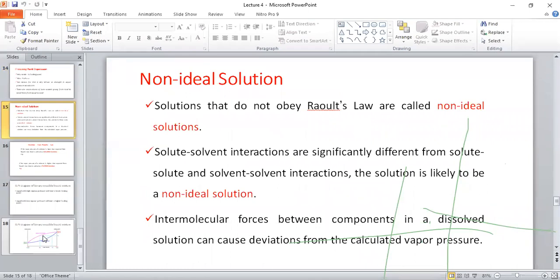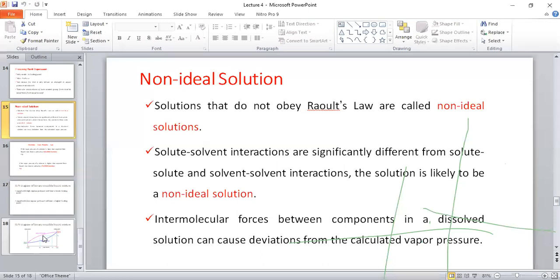So I've told you about an ideal situation where all the molecular forces are equal. What I mean by that is the intermolecular forces of the different solutes being equal to the molecular forces of similar solutes.